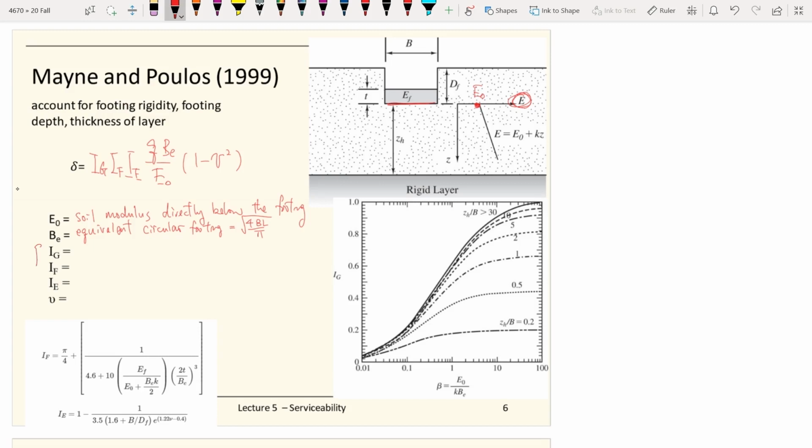And all these three are the correction factors. So the I sub G is for the finite thickness and soil modulus. And the I sub F is for the footing rigidity.